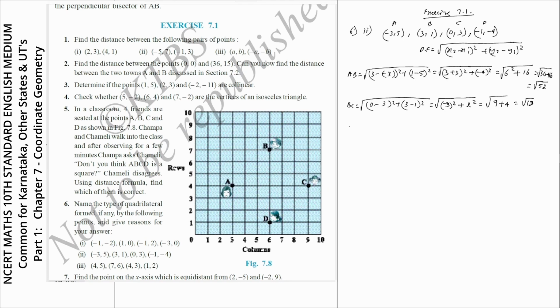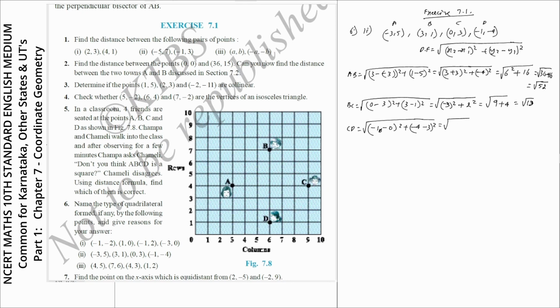So what is CD? CD is given by square root of x2 minus x1 the whole square, that is minus 1 minus 0 the whole square, plus y2 minus y1 the whole square, that is minus 4 minus 3 the whole square.